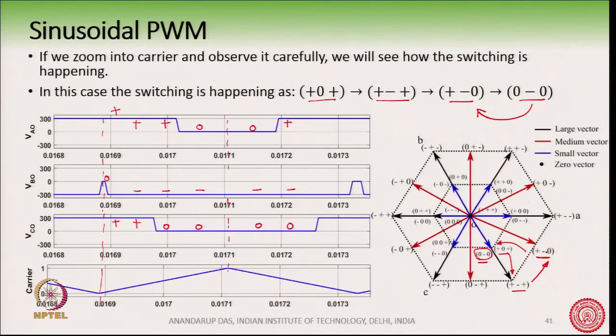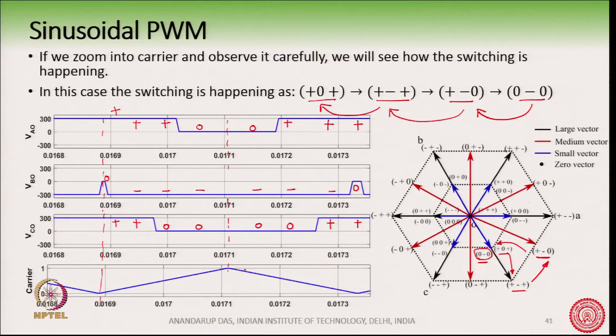Then we have plus minus minus, going from here to here, and then ultimately we have this state plus 0 plus. So, we made an anti-clockwise return.